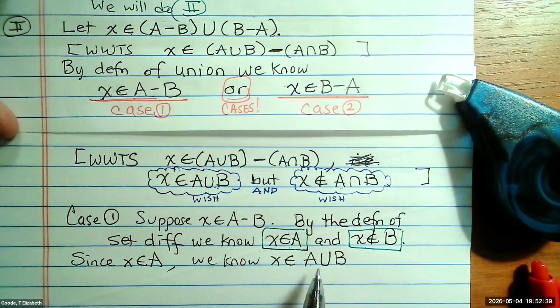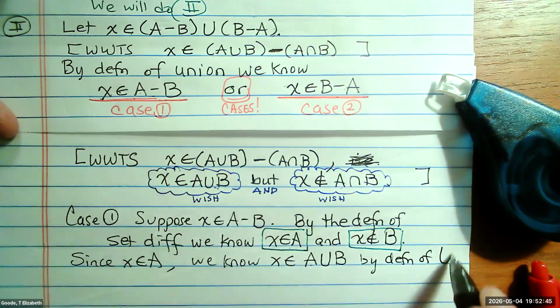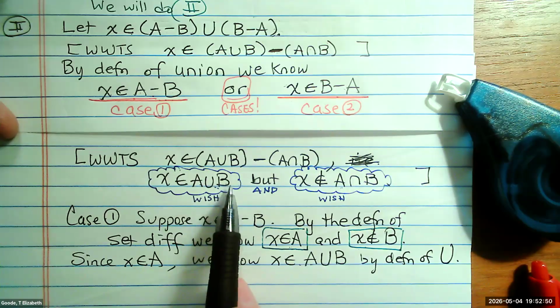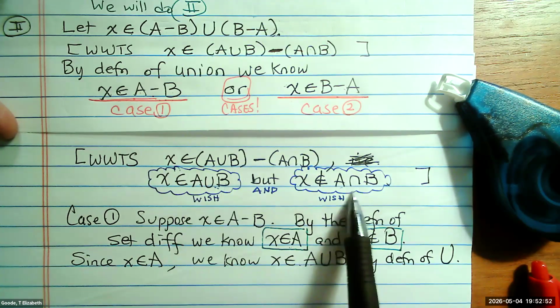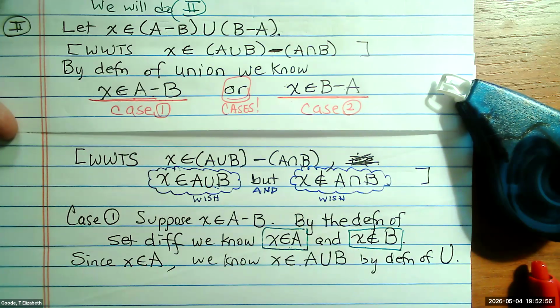If X is in A, then it's certainly in A or in B, right? By definition of union. So we've got X in A union B. Great, we're halfway home. Now we need to get that X is not in A intersect B. How are we going to do that?